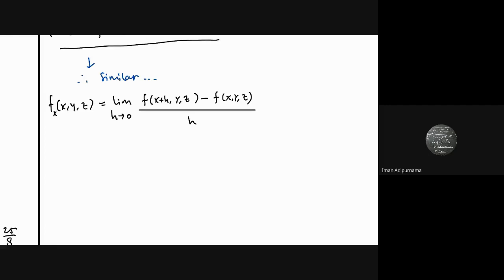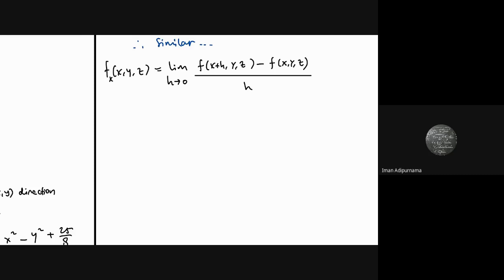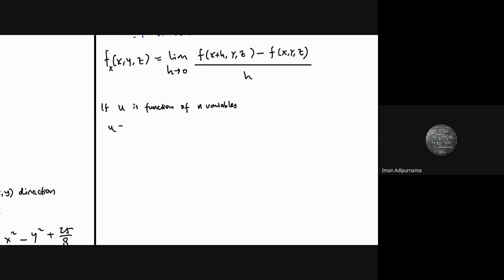If you want to take the more general approach, let's say you have u, a function of n variables. So we are not saying how many variables we have, but it's as many as we may write. We can write u is a function of x1, x2, x3 until some xn.